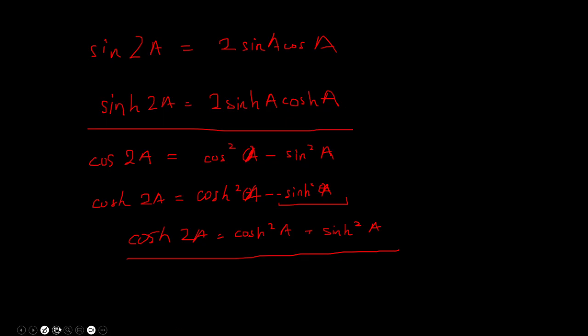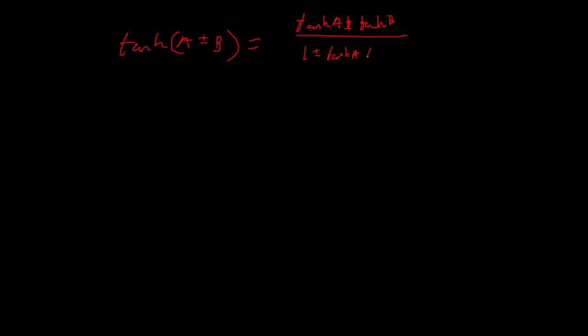The third one, using the compound angle formula that we did earlier, tanh(a plus or minus b) equals tanh a plus or minus tanh b over 1 plus or minus tanh a times tanh b. This is what the formula was. Forgive the handwriting.